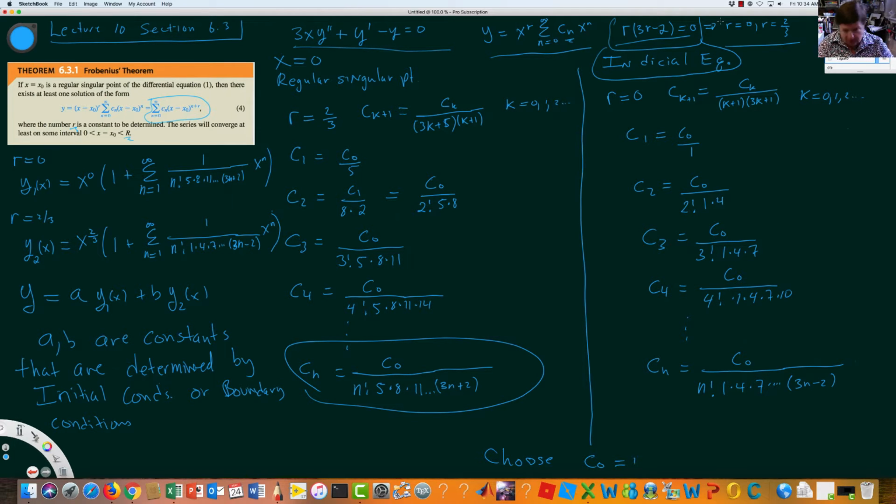I just like to plug and chug through the math, turn the crank. But there is a sort of a formalism that tells you how to get that indicial equation, if you're just given the differential equation. So maybe that saves you a little work. But again, I like to just turn the crank. Okay, let's look at that next.